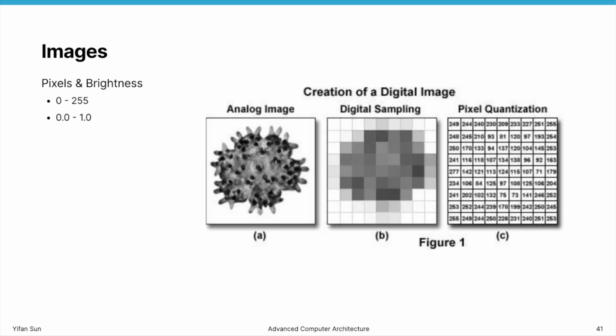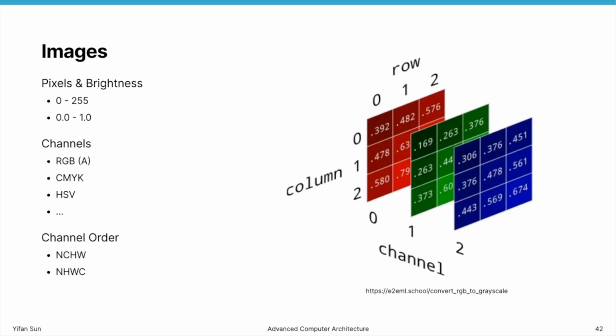Now, we have different ways to store these values, especially when we consider channels, and channels are different colors. For human eyes, we can only see red, green, and blue. So we can have different channels, and there are different channel orders. For example, N is the number of pictures, C is the channel, then H and W. If we have NCHW, then we store it in this way: 0.1, 0.2, 0.3, then the second row, 0.3, 0.3, 0.4, 0.3, 0.4, 0.5.